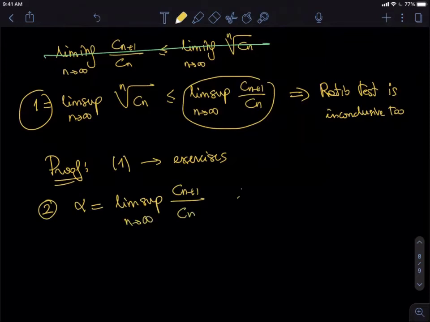And we are going to assume that alpha is finite, because otherwise it's silly. If we are saying that the lim sup is infinity, then of course the lim sup of the nth root of c_n is less or equal than infinity.